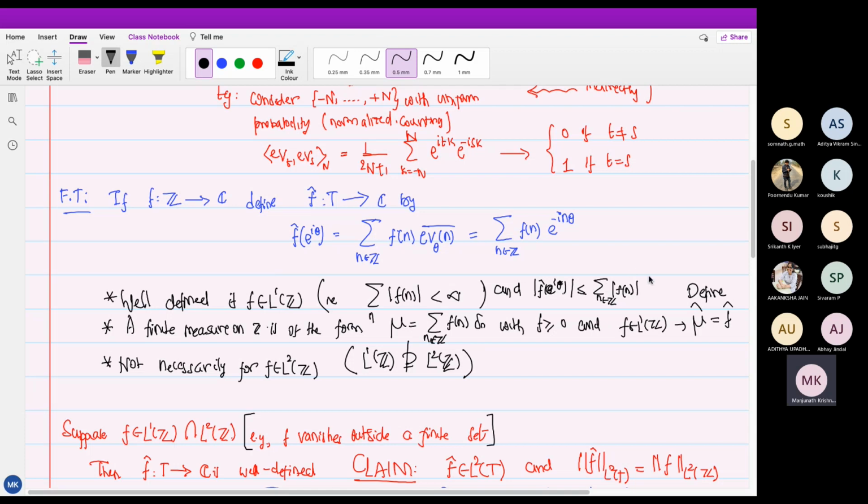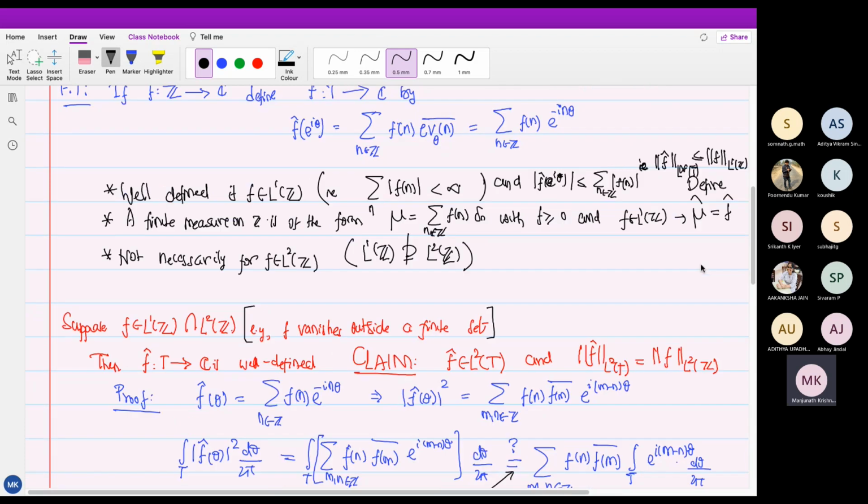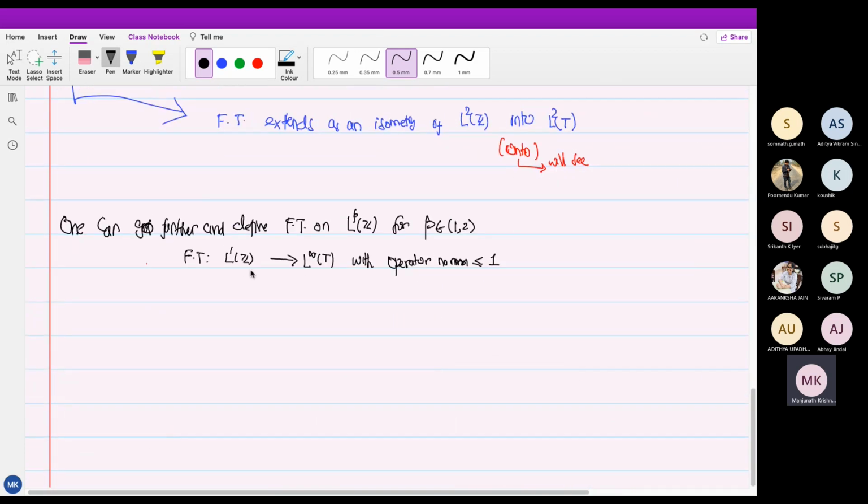So f hat in L infinity of T is bounded by the norm of f in L1 of Z. The L infinity T norm of f hat is bounded by the L1 norm of f. So that's what I am saying: the Fourier transform from L1 of Z to L infinity of T has operator norm less than or equal to 1.